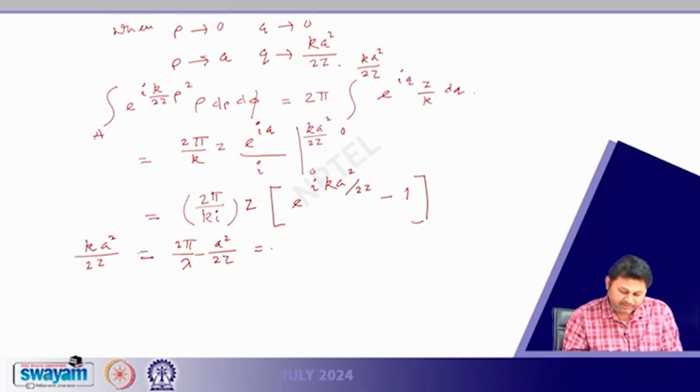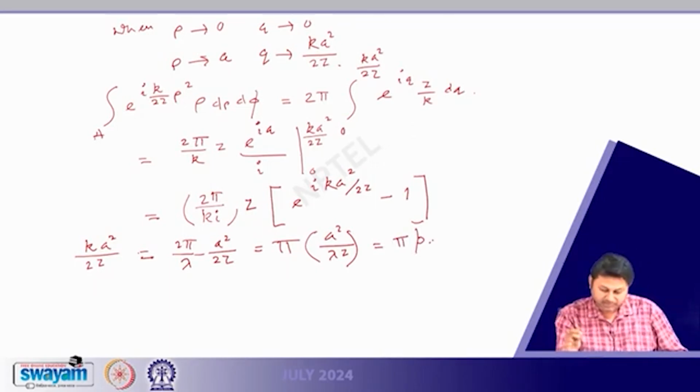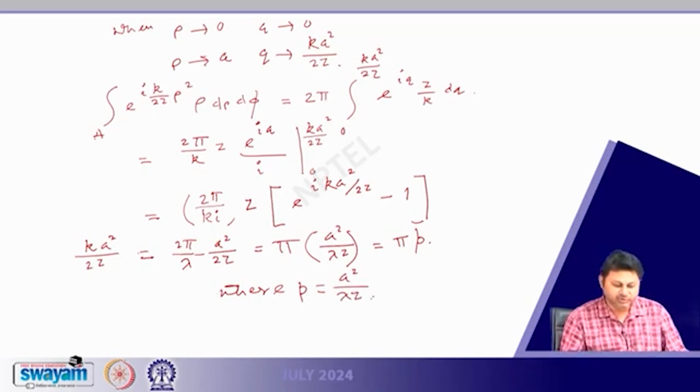So these 2 will cancel out, and essentially we have pi multiplied by a square divided by lambda z, and I write it as pi into another variable p, where p is a square divided by lambda z. That is the value of p. I just put the new variable.